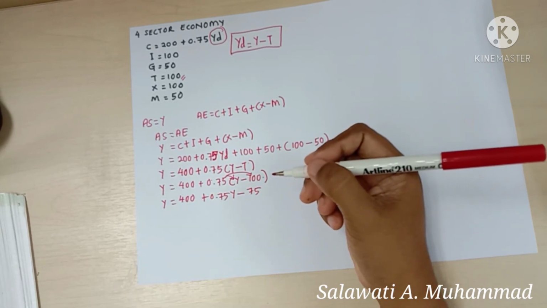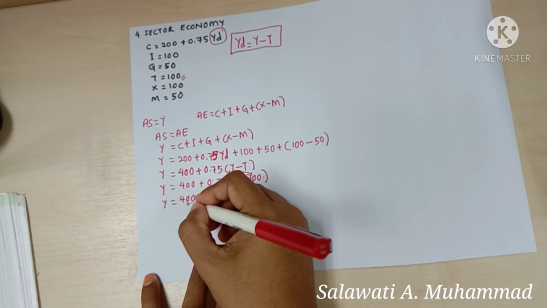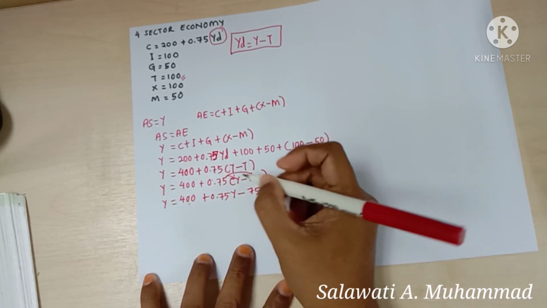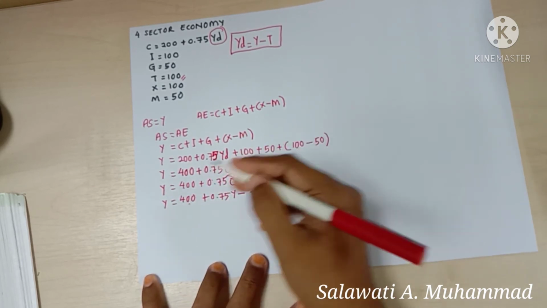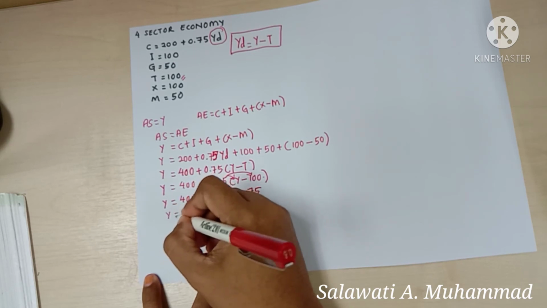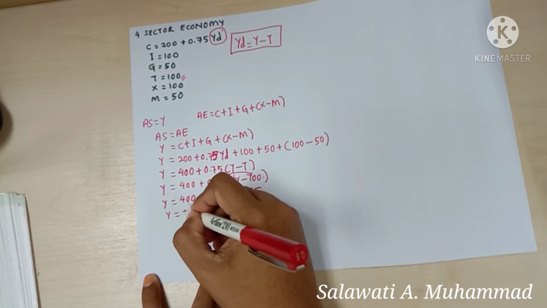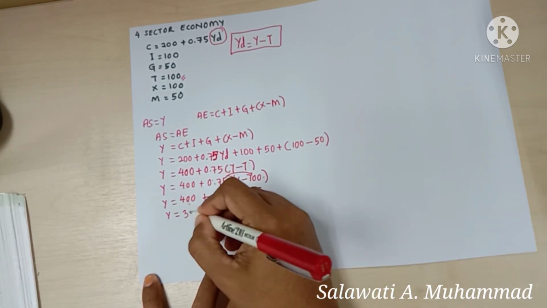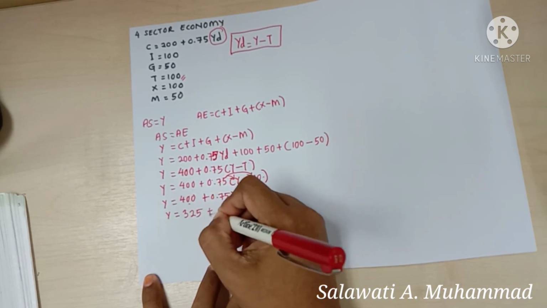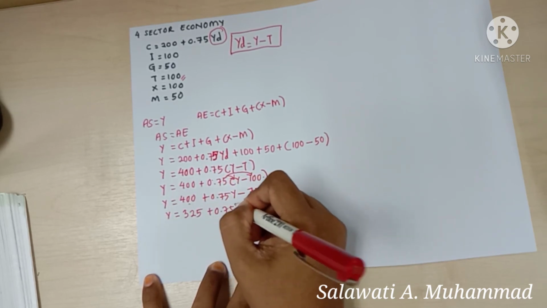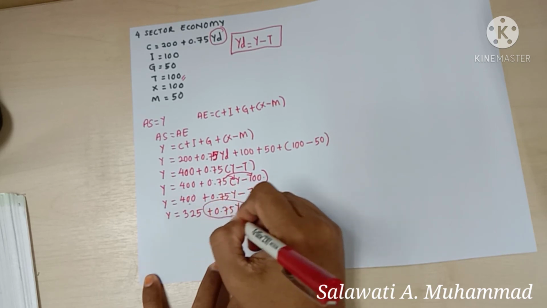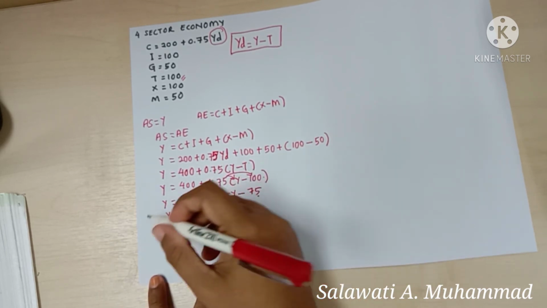Okay, so we settle this one, 400 with 75. So we got 325 plus 0.75 Y.